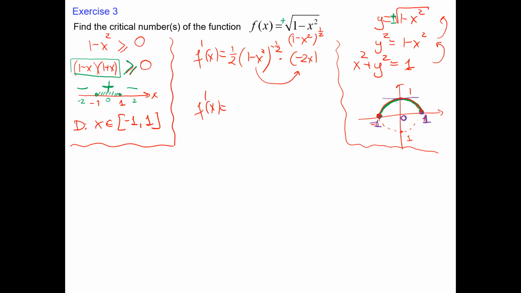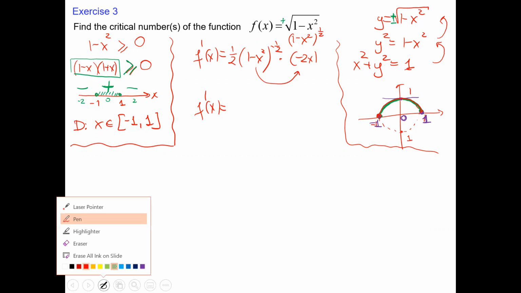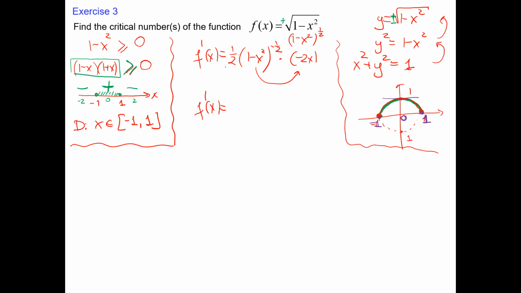Okay, let's make it easier. 1/2 times -2x, the 2's cancel out, negative x will stay. Negative x, 1 minus x squared to the -1/2. Let's make this: negative x will be on the top. The negative exponent is telling us to take the quantity to the denominator, to flip it, and 1/2 is the square root. Okay, perfect form.